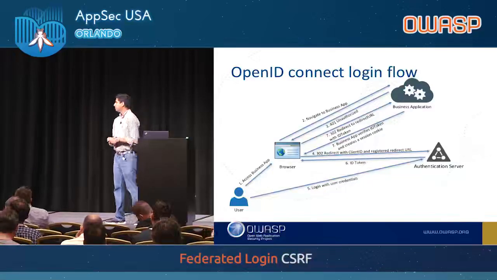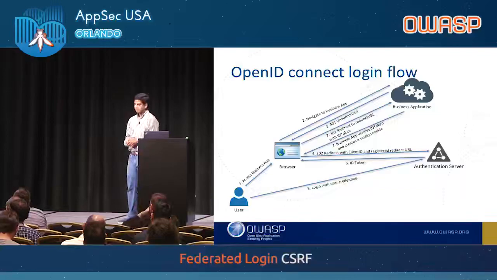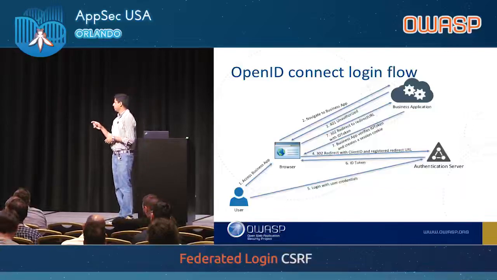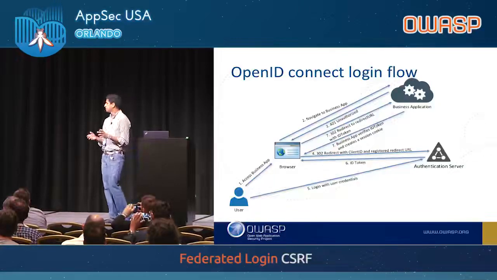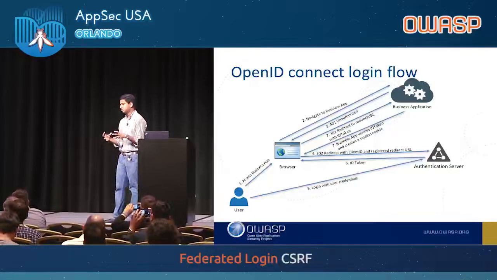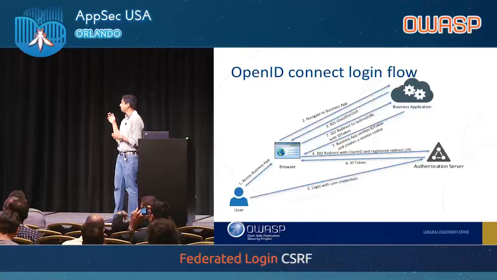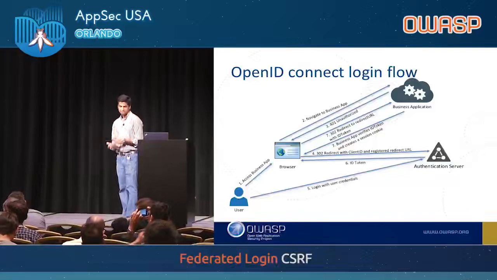The user would then use his credentials, like username and password, and log in with the authentication server, which would redirect back to the registered redirect URL with something called an ID token. The ID token is a representation of the user using claims, which is signed by the authentication server's internal certificate.